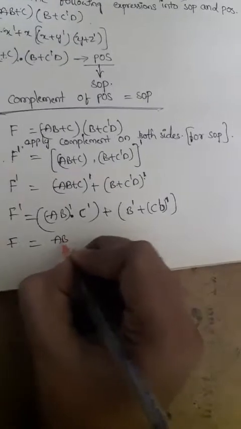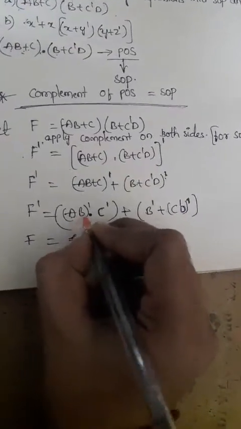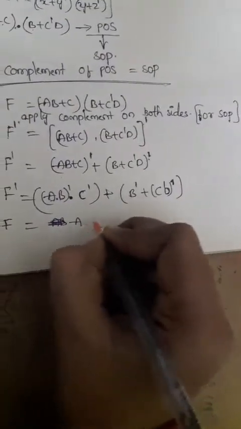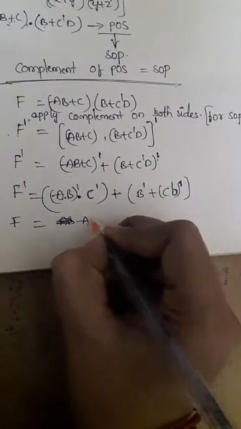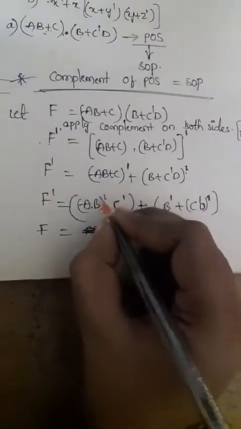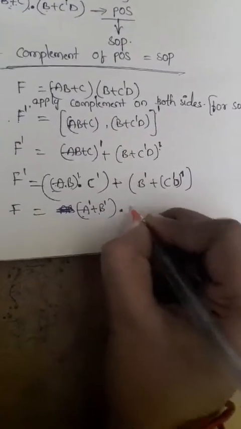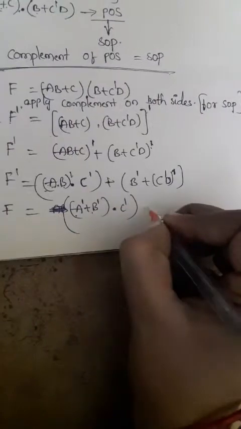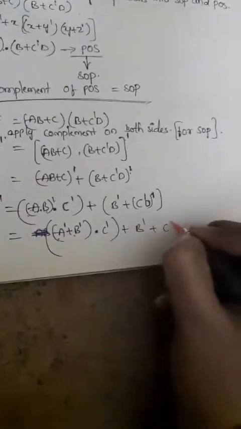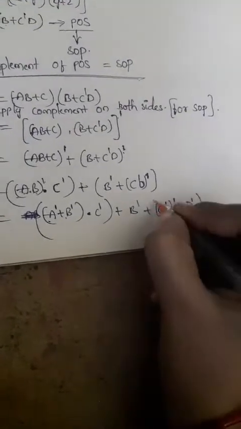In AB, in between we have the product, that means two variables, so the complement of the product can be converted into the sum. So A complement plus B complement, then into C complement, this is the first term, plus (B complement plus C complement D) whole complement, this is the second term.